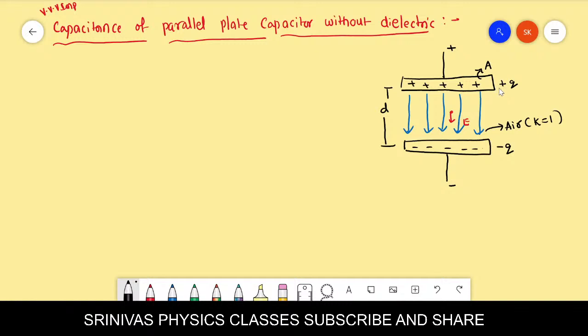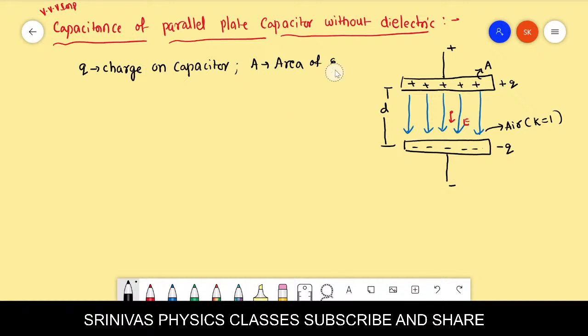On one plate plus Q charge will be there, on the other plate minus Q charge, so the total charge is 0, but we cannot take the total charge as 0. The charge on the capacitor is equal to Q. Q is the charge on the capacitor.